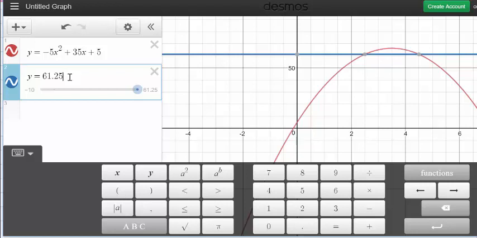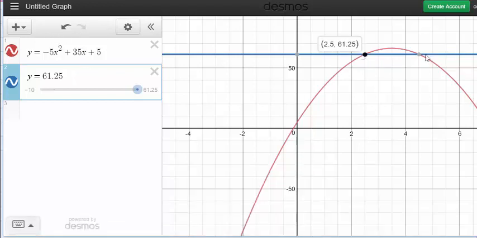And notice that's kind of a tricky question because there are actually two different times it hits 61.25. Does that make sense? Because the rocket is going up and hits 61.25, and when coming down, it hits 61.25 again. So in this case, you do need to write both of the answers to get the full mark.